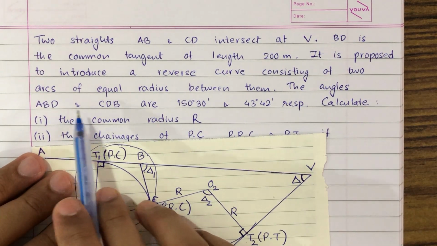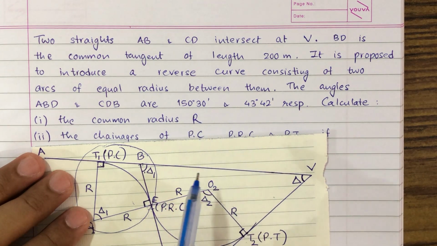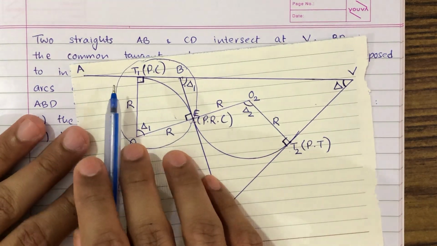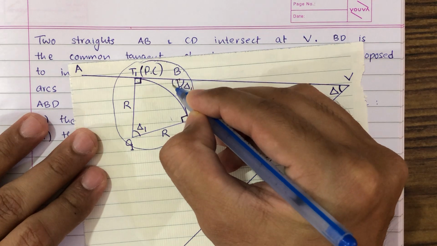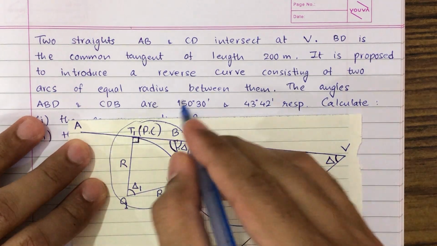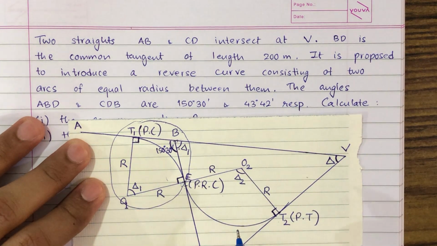The angles ABD and CDB are 150 degrees 30 minutes and 43 degrees 42 minutes. So here, this is the angle ABD, and this angle is given as 150 degrees 30 minutes.